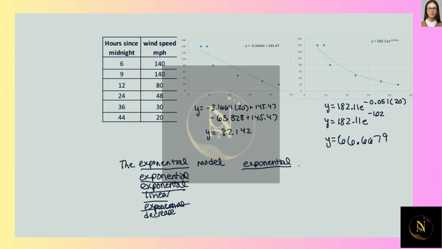The exponential model will decrease over time, just like the hurricane does in the real world. Well, the exponential model will continue to decrease dramatically and eventually become leveled off, which is impossible in the real world.